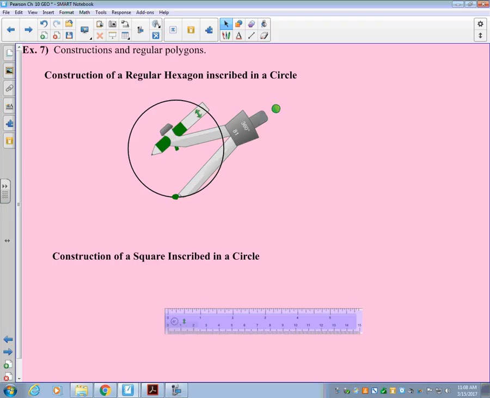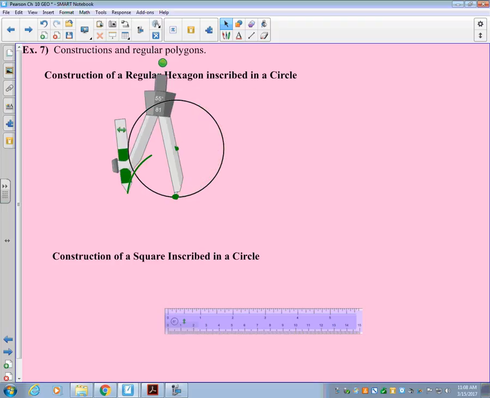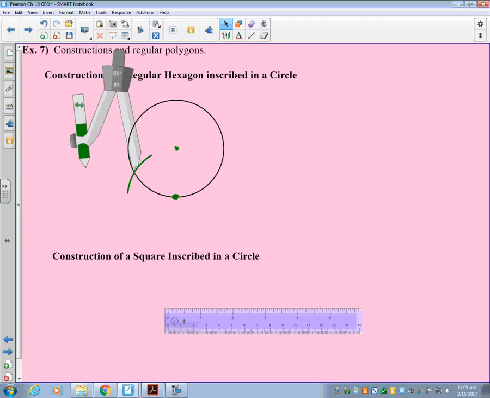Put the bullseye on the dot at the bottom. Make an arc that intersects your circle. Move your bullseye to where that arc intersects your circle.